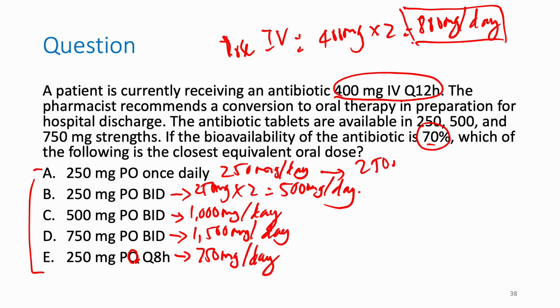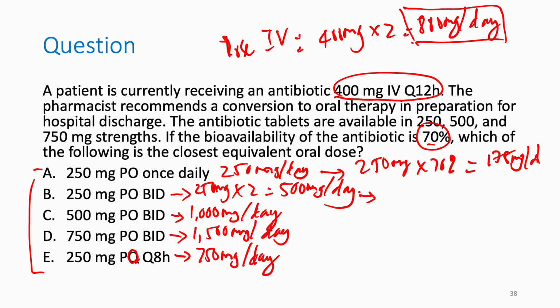That should be 250 milligram times 70% bioavailability. So 250 times 0.7 is only 175 milligram a day for choice A.